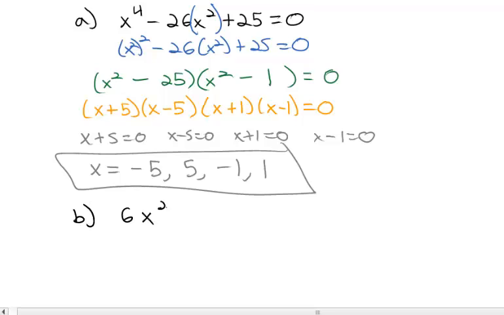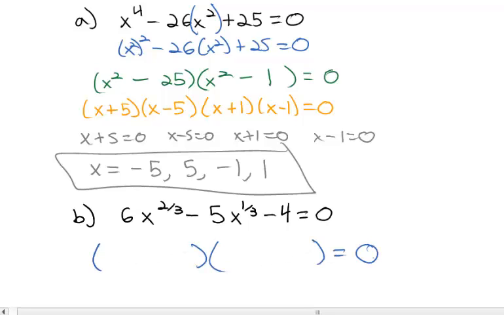Let's do 6x to the 2/3 minus 5x to the 1/3 minus 4 equals 0. We can still factor this. x to the 2/3 can be split into two parts, x to the 1/3 and x to the 1/3.